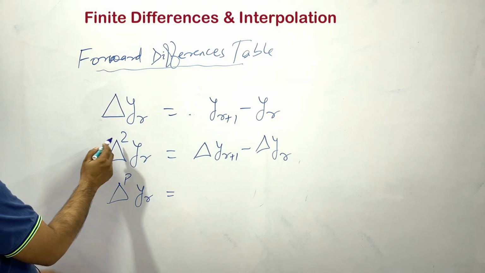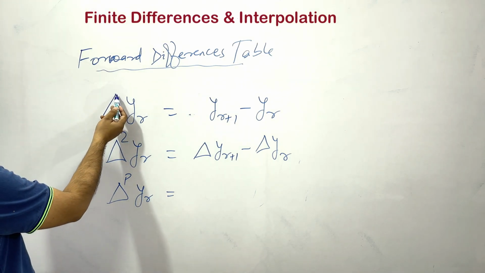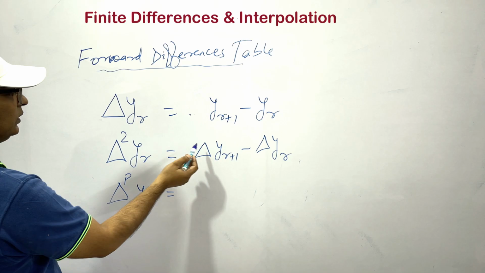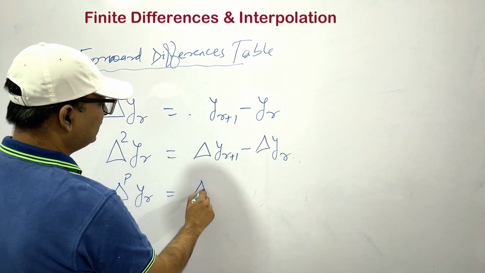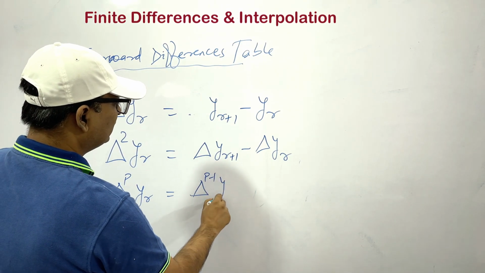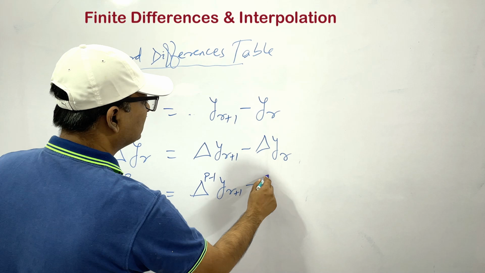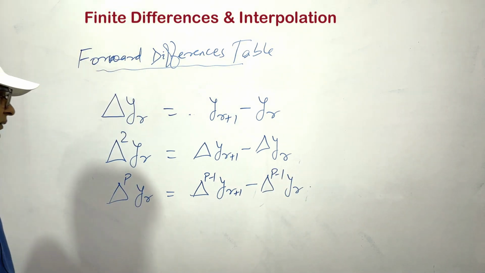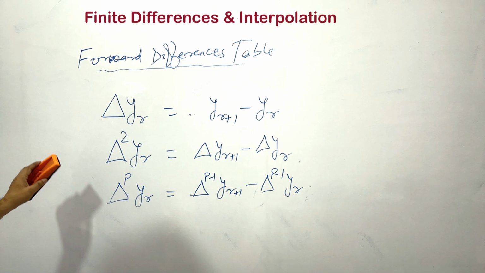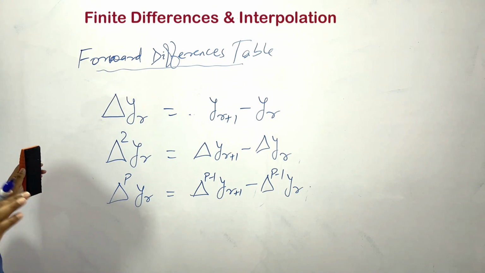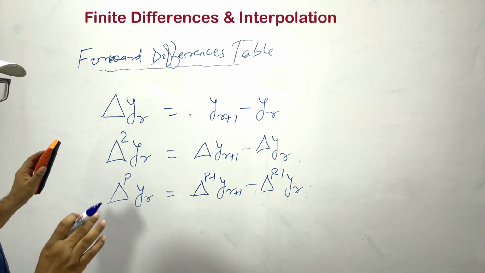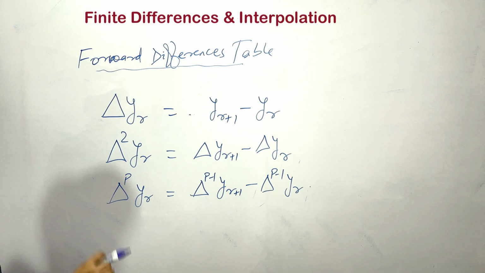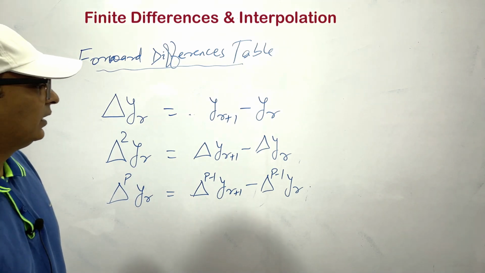See, when it was 1, this is 0. This is 2, this is 1. So del p yr means del (p-1) y(r+1) minus del (p-1) yr. Okay. If this seems complicated, don't lose your patience. This is very easy. One of the easiest topics in higher mathematics.